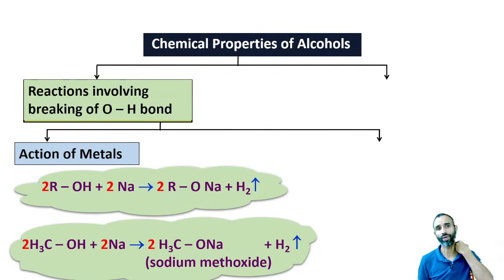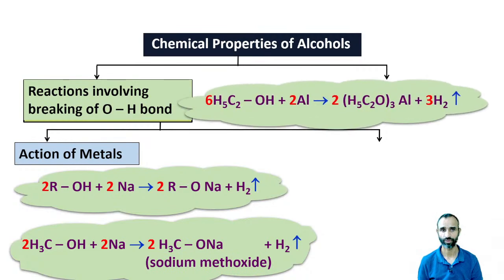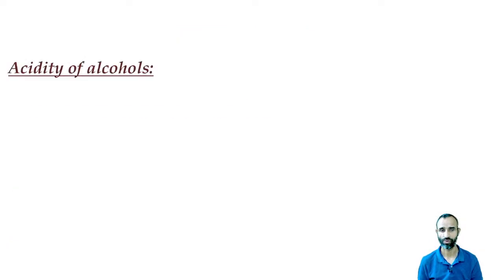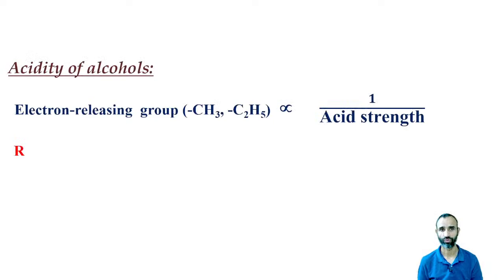Action of metal obviously shows the acidic nature of alcohol. With active metal, it can give H plus ion, and we get hydrogen gas. So electron releasing groups decrease the acidic strength.